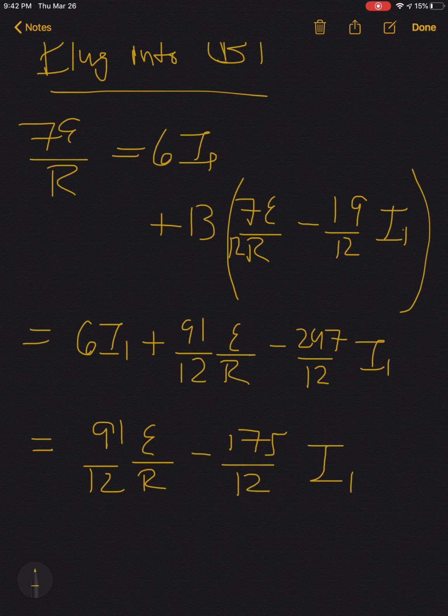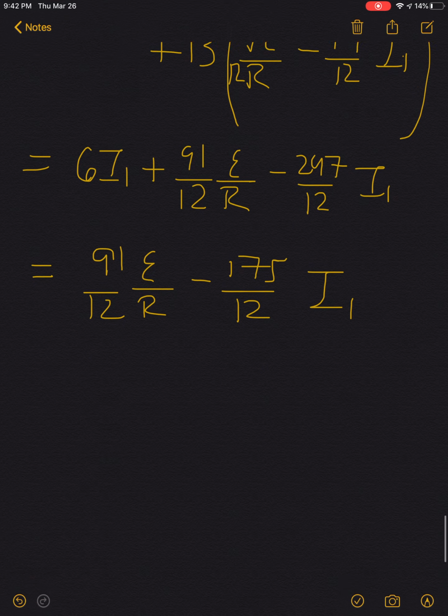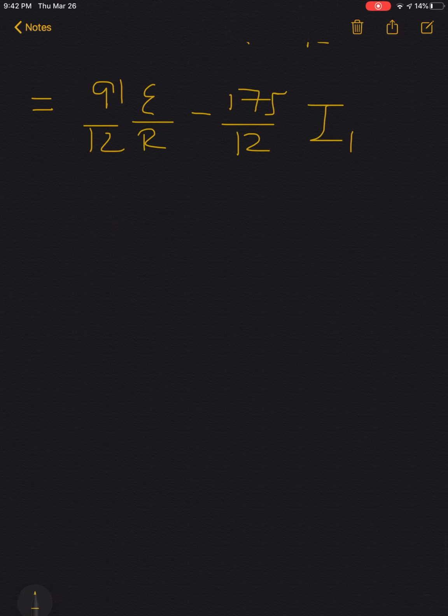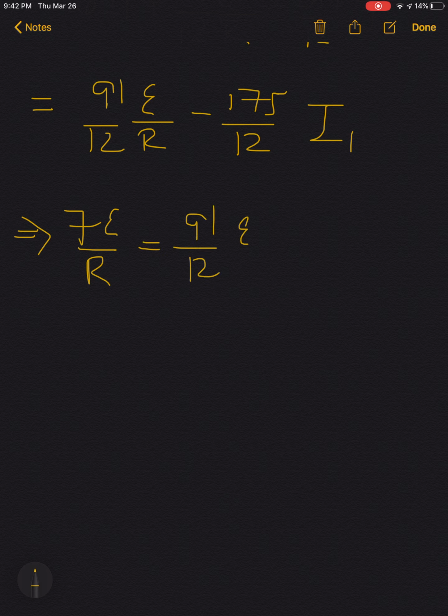I just combined the 6I1 with the negative 247 twelfths I1. So writing this whole equation out, I have 7E over R equals 91 twelfths E over R minus 175 over 12 times I1. Now I have to solve for I1.